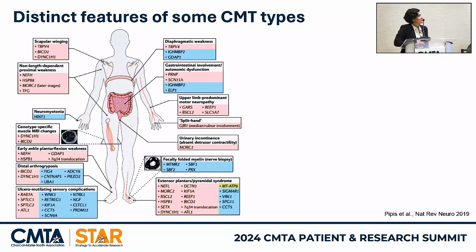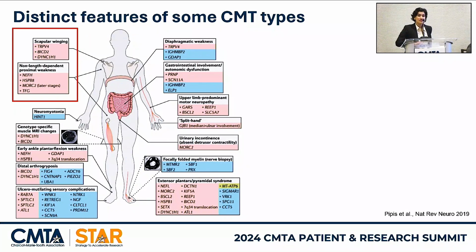In addition to having variable patterns of weakness, the patients with CMT2C or TRPV4 neuromuscular disease can also have some other distinct features that are not common in other forms of CMT. They can have prominent scapular winging, which means that their shoulder blades can stick out quite prominently because of significant weakness and atrophy of their shoulder muscles.